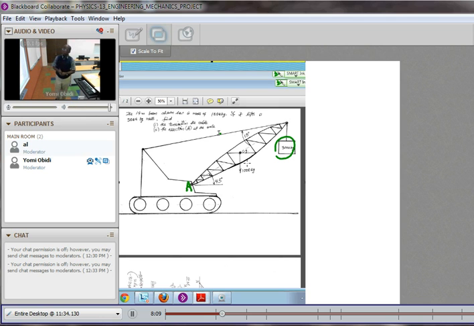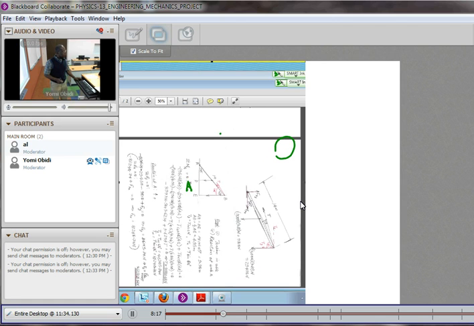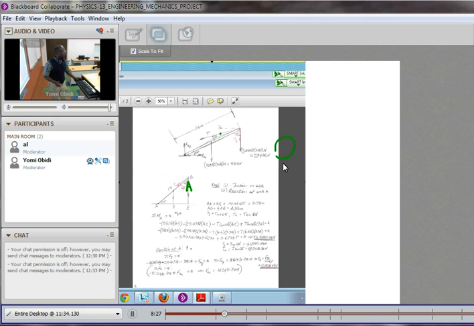Well, how do we set this up? Let us look at the setup for this. Well, this is a setup that represents the diagram that we just looked at.